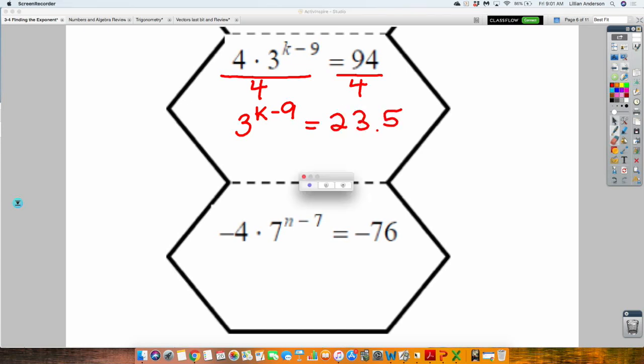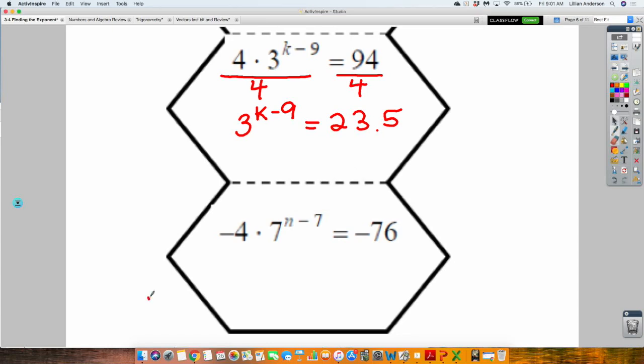And now this is just similar to the problems that we were working with before. Okay, so that means we're going to have to take the log of 23.5, and then we're going to divide it by the log of 3. So remember, the log of our answer divided by the log of our base, and that's going to equal k minus 9.